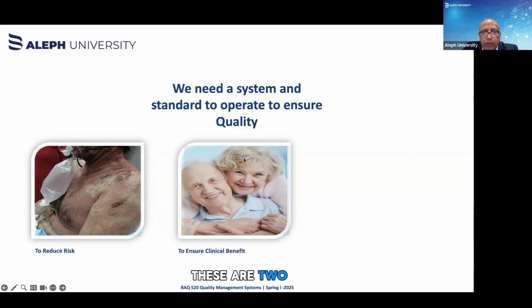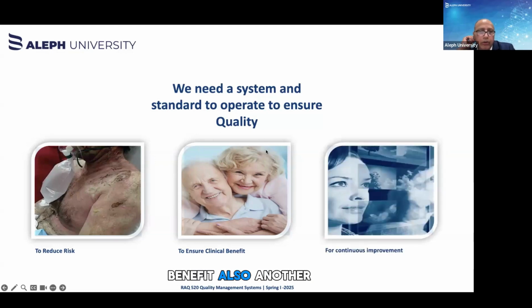So these are two byproducts of the quality management system. We need to make sure that we reduce risk, but maximize benefit. Also, another benefit of a quality management system is to ensure continuous improvement, because the technologies and the products need to be constantly developed.